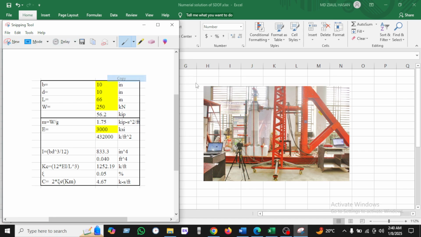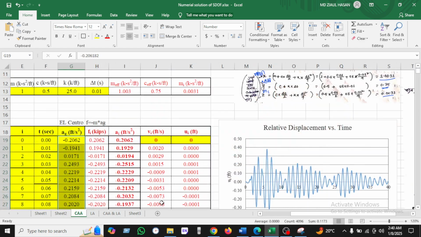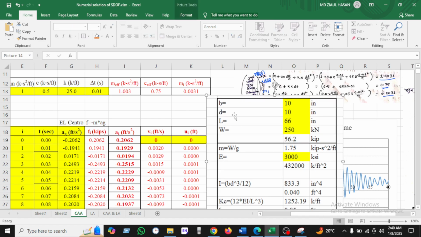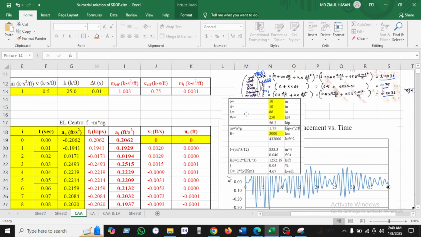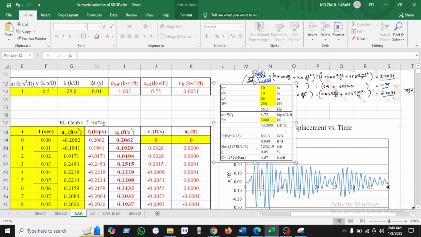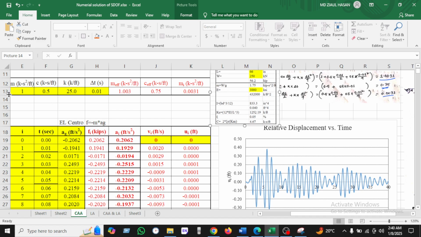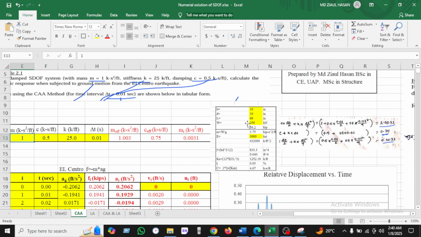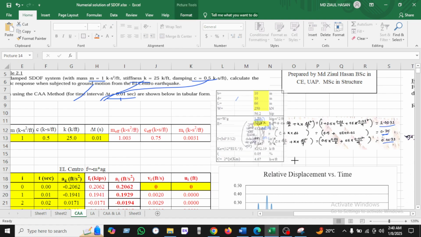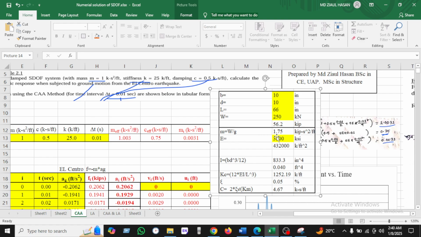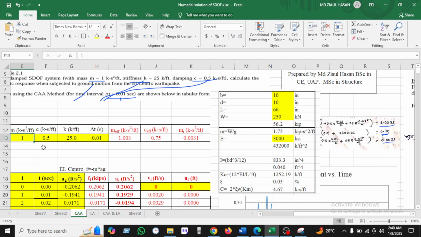If we put this value in the constant average acceleration method, now we'll see what will happen. What is the major change? M will be 1.75, so the M effective has changed, and all the other parameters have also changed.